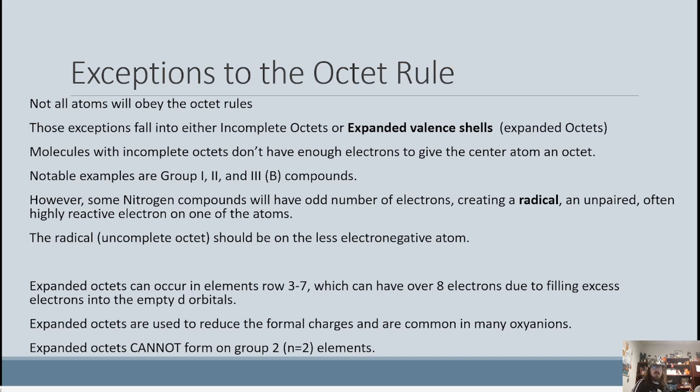Phosphate can have 4 oxygens. Perchlorate can have 4 oxygens because it's having an expanded octet. So don't worry. If the central atom has more than 8 electrons, that is okay, as long as it's not a row 2 element.